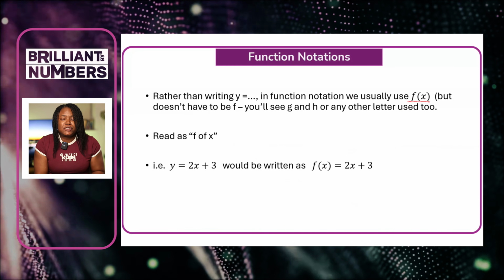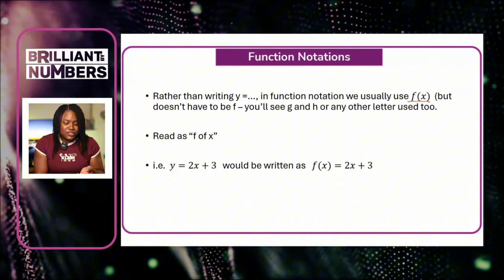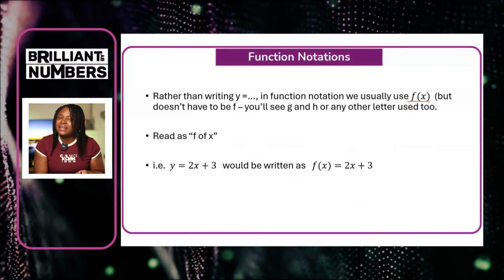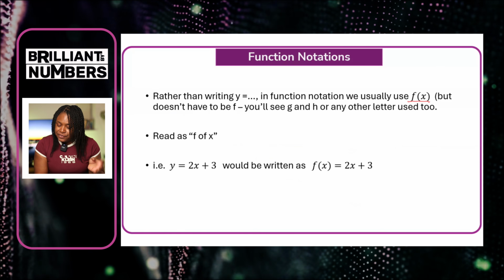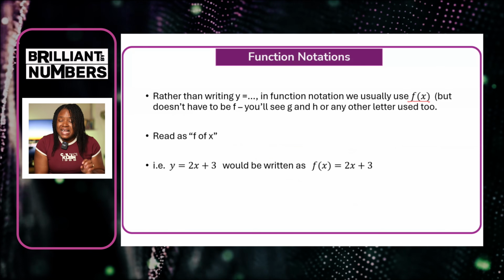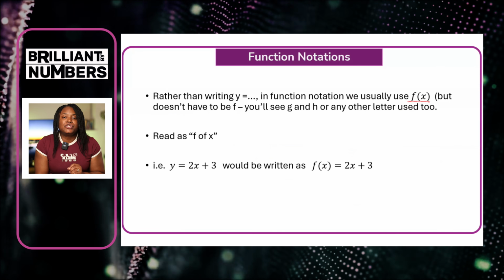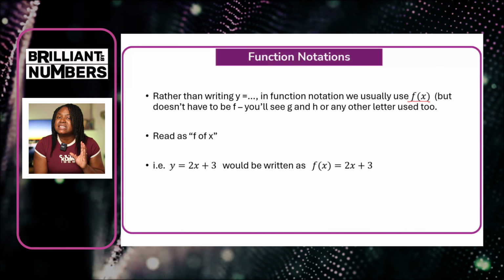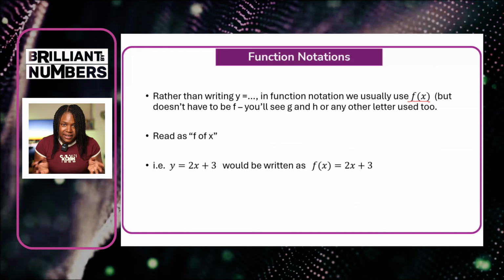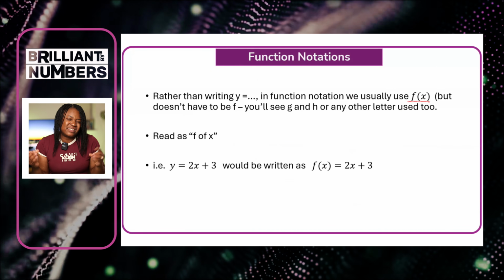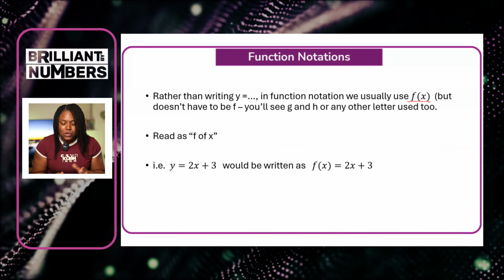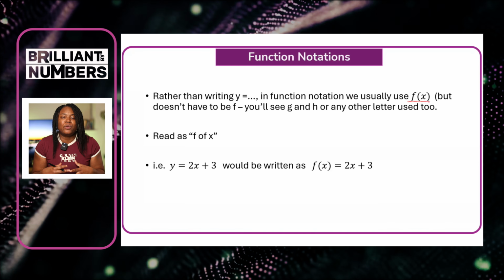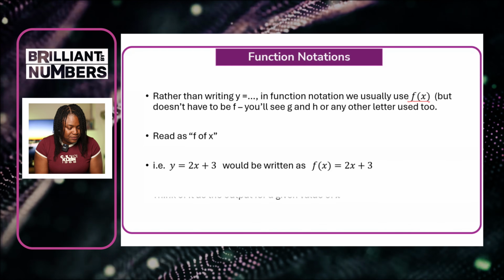What does this mean? Remember, in our linear function, for example, we said y equals 2x add 3. We could write that as f(x) equals 2x plus 3 instead of using y. It's really that simple. The f(x) simply takes the place of y, and it indicates that we've got a function.